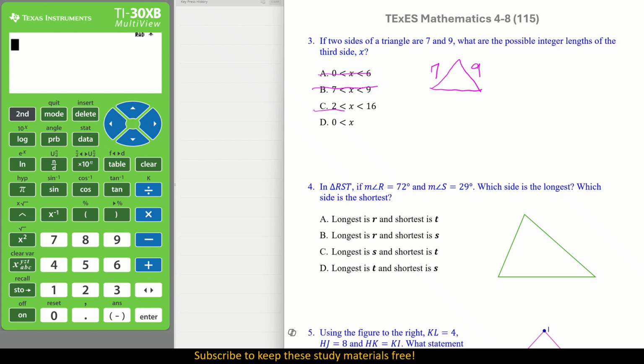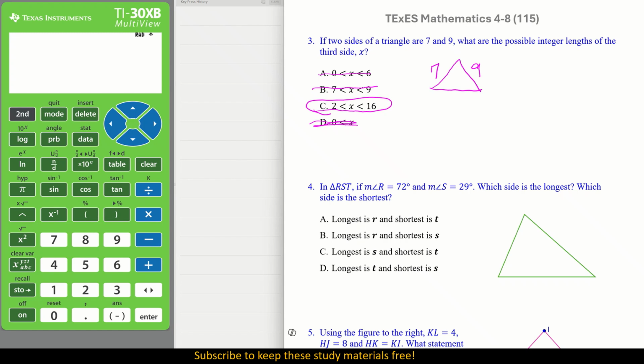It looks like C is what we need. D just isn't valid because once we move the triangle around, you saw that. Also, this is a property that we read in part one. We went through it in part one, not in depth, but now you've seen it in depth.